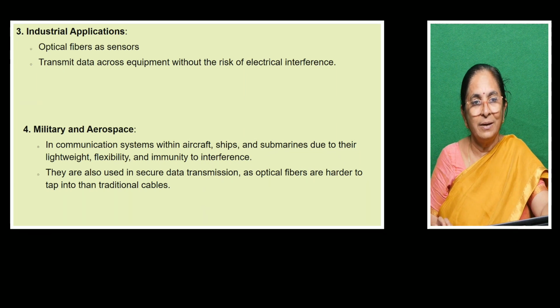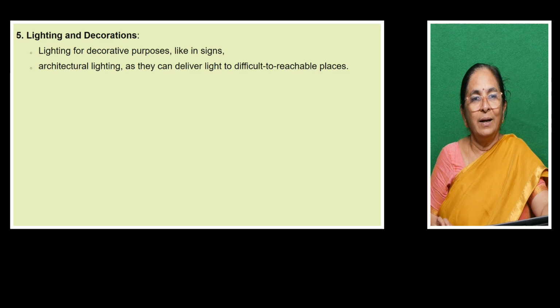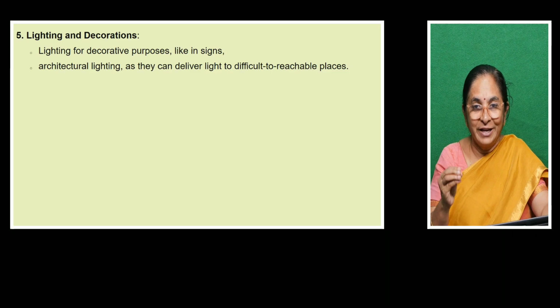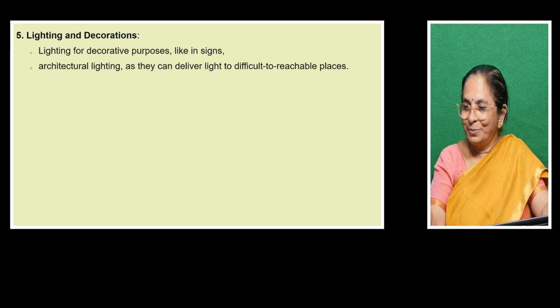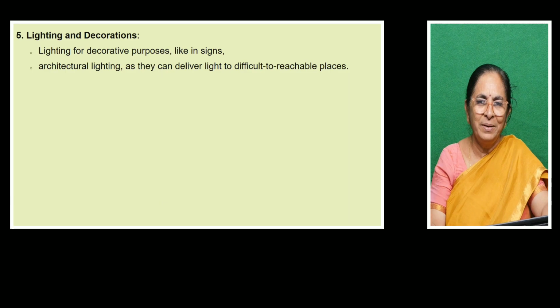So security it is providing, and for adding light and for decoration purposes, you could see in the shops and many places the optical fiber, beautiful multiple colored LEDs will be kept. Multiple optical fibers as a bunch will be held, and when they are switched on, you can see one time they bring yellow light, green light, red light, like that.